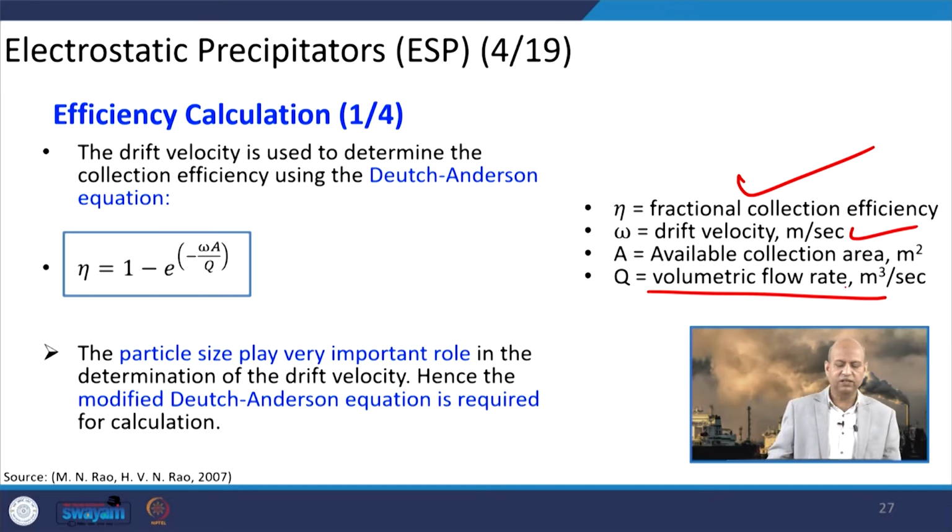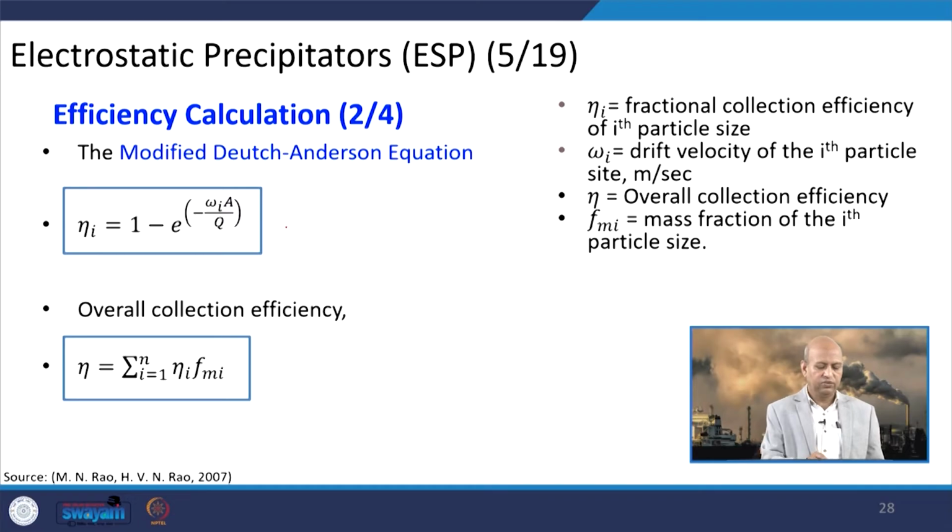The particle size plays a very important role in the determination of drift velocity, as we have seen earlier, and hence the modified Deutsch-Anderson equation is required for calculations. In this modified equation, omega i is the drift velocity of the ith particle.